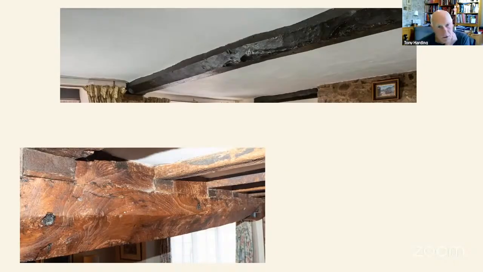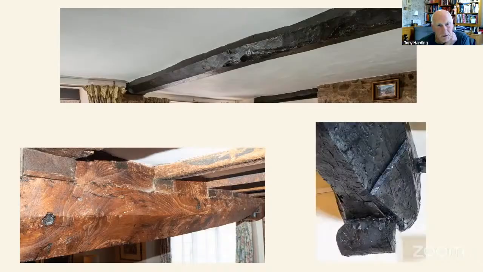We're interested in those, and chamfers on the beams, and particularly the so-called chamfer stops that we get at the end of the beam where it enters the wall. There are various ways of stopping that chamfer, all of which can help us with our interpretation of the building.